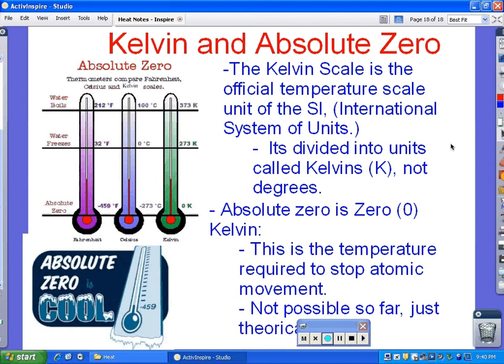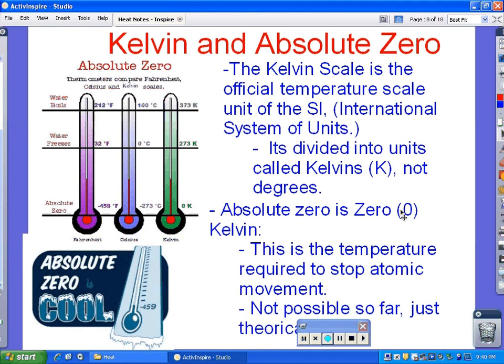Because if you look over here, water freezes at 273 K and water boils at 373 K. It doesn't really make a lot of sense as far as using it based on water, which is more familiar to your average person. But what K is really helpful for is this idea of absolute zero.